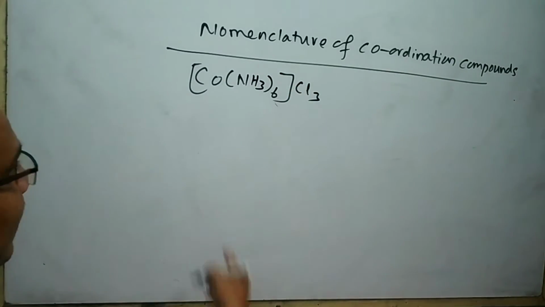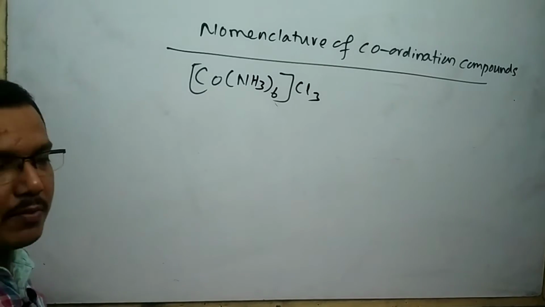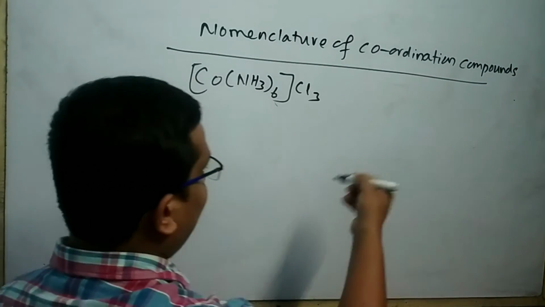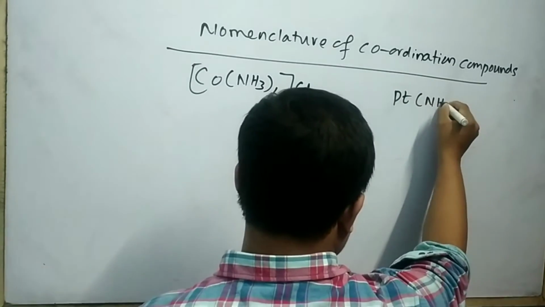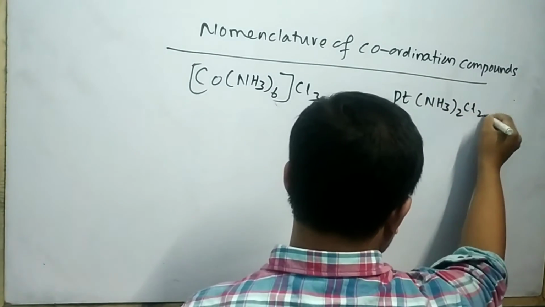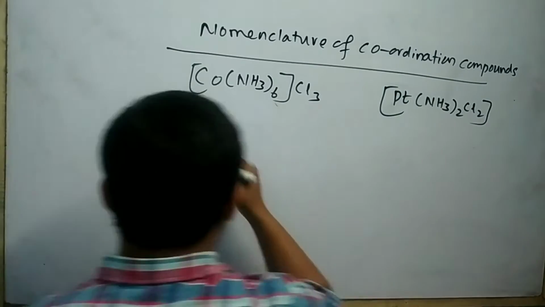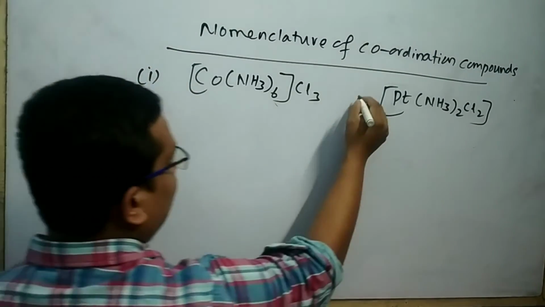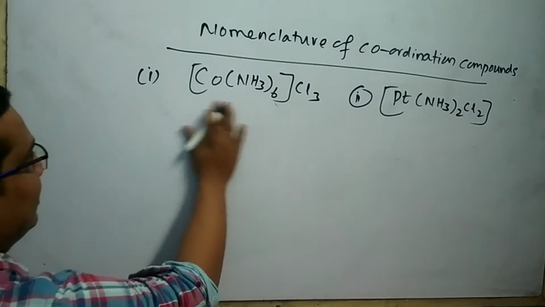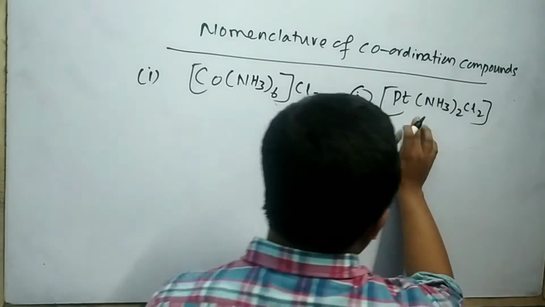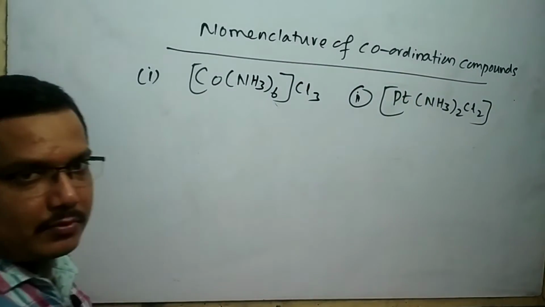What is the name of this coordination compound? Suppose I take another example, [Pt(NH3)2Cl2]. This is your first example, this is your second example. What is the name of this compound and what is the name of this compound?